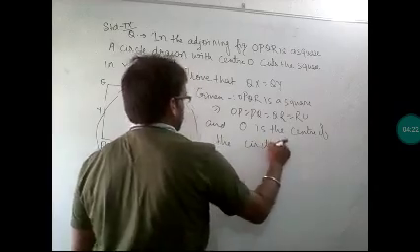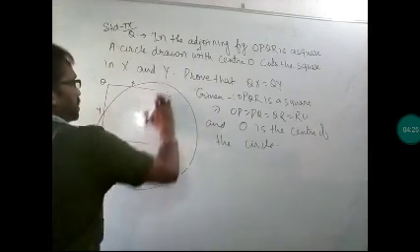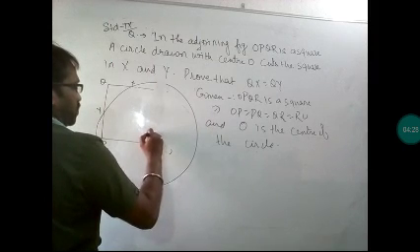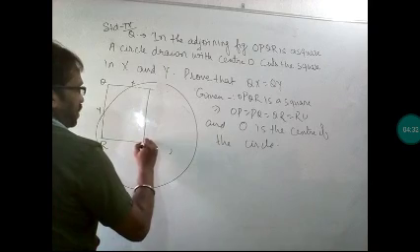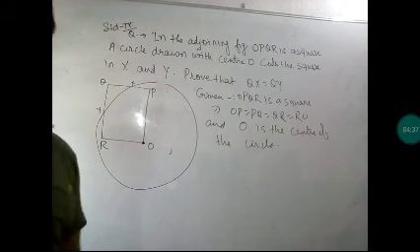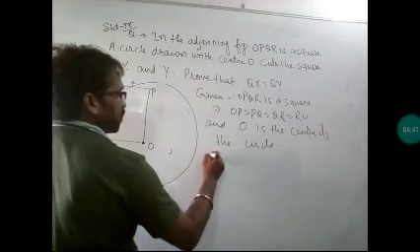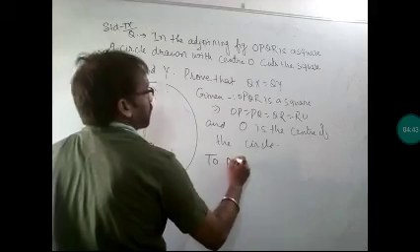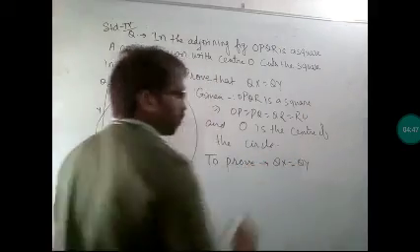So we need one construction; it's not possible without construction. We will join OX and OY, and we have to prove that QX is equal to QY.